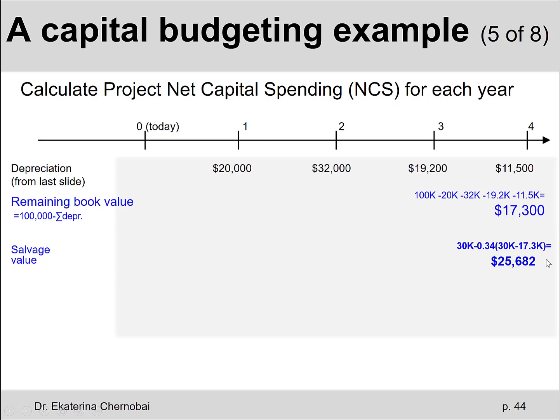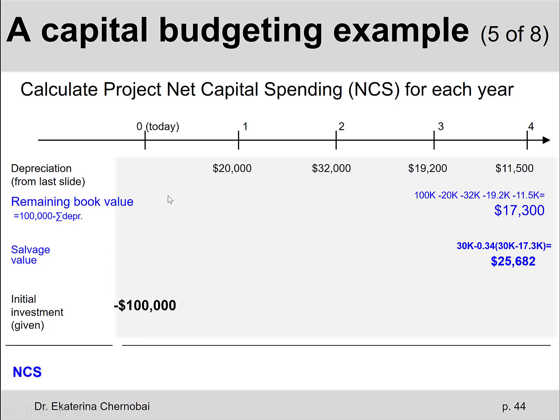So the after-tax salvage value is one of the components of the net capital spending. Another one is for year zero, the initial investment, and that's already given. We are going to have to invest $100,000 to buy all equipment, furniture, and so on.